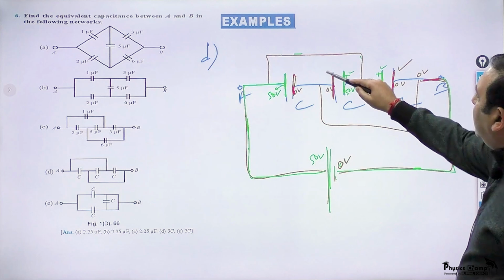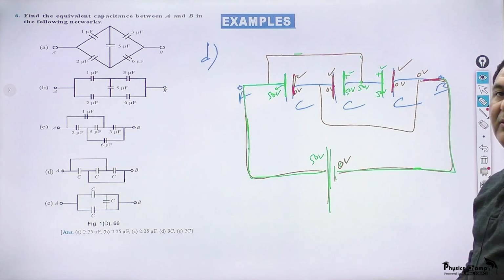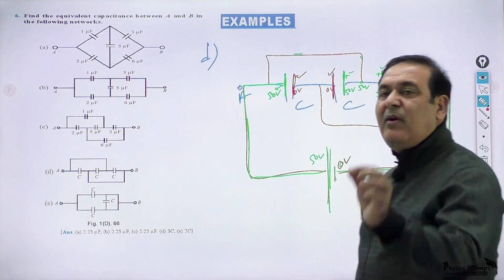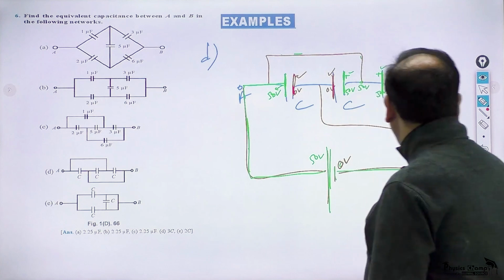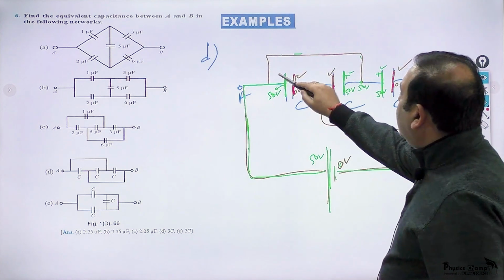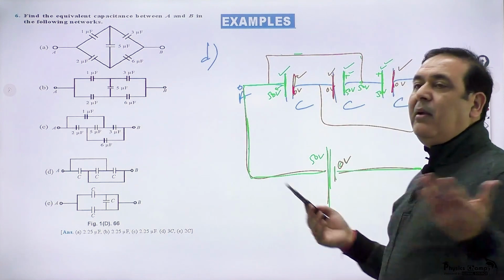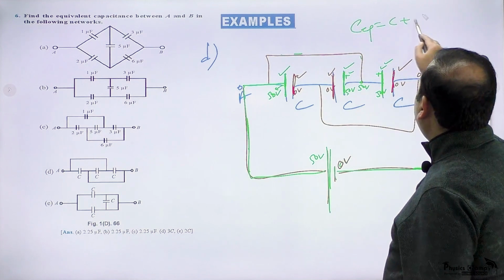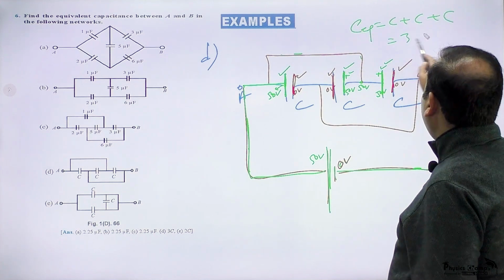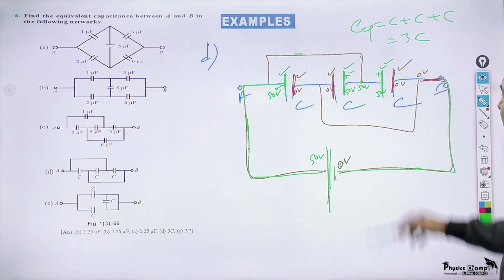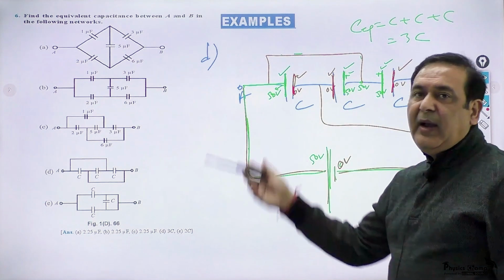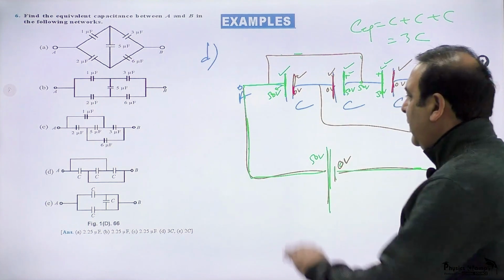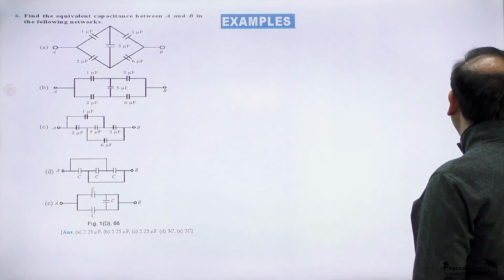This one, and this one. They are at 0 volt. Of all the 3 capacitors, one plate is at 0 volt. And all the 3 capacitors, one plate is at 50 volt. It means they are obviously in parallel. So C equivalent will be C plus C plus C, that is 3C. Other way of comparing with Wheatstone bridge I have just shown. Now I come to case E.